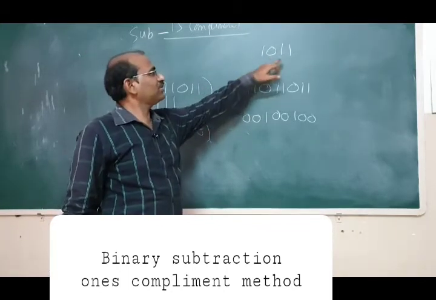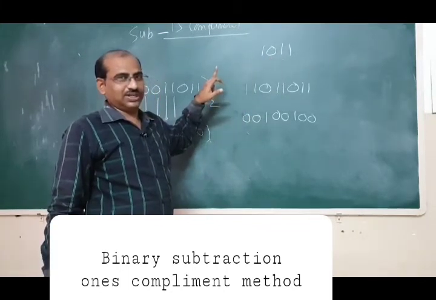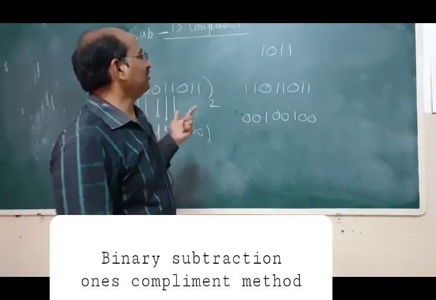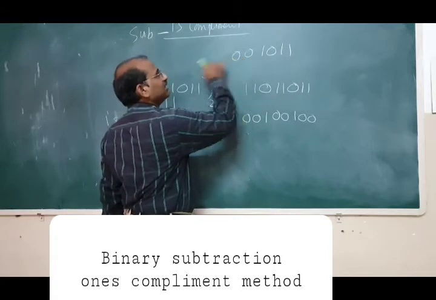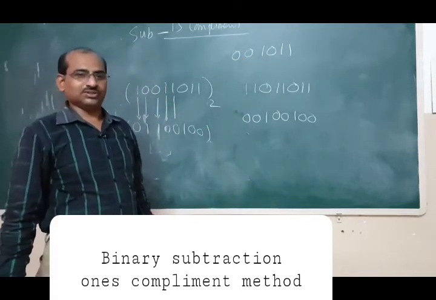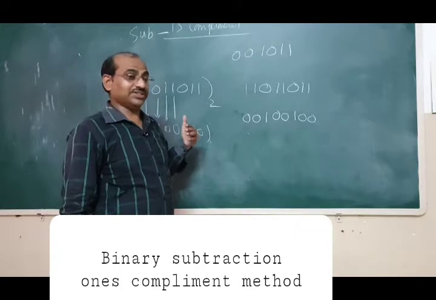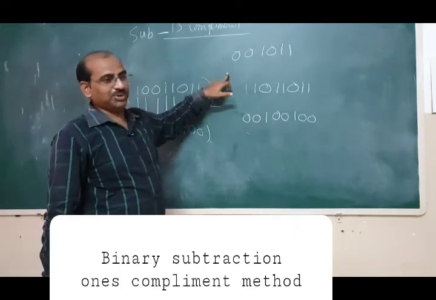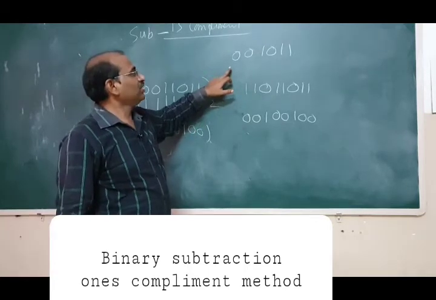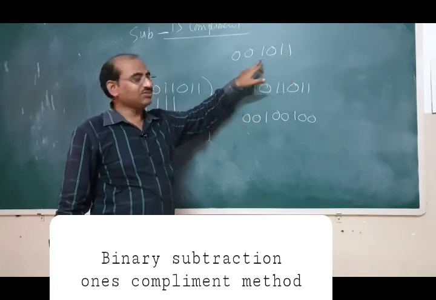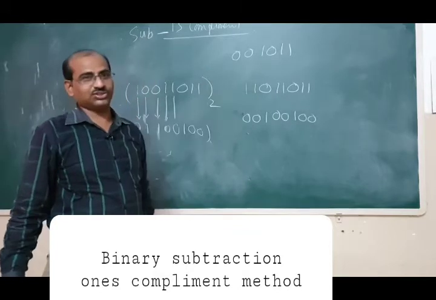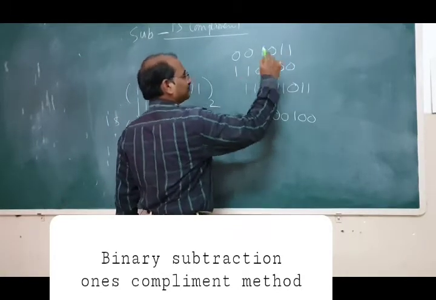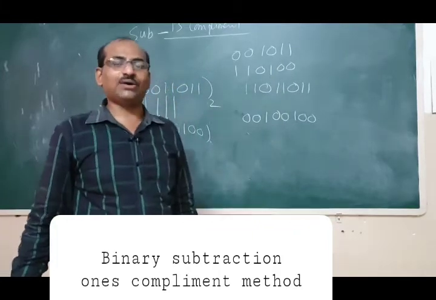The actual number is only 4 bits, right? But the complement should be 6 bits. Then you add 2 zeros to the left. If the situation demands a complement whose size is more than the given number, you have to add zeros. Now write the complement: 1 1 0 1 0 0. This is how we write the complements.